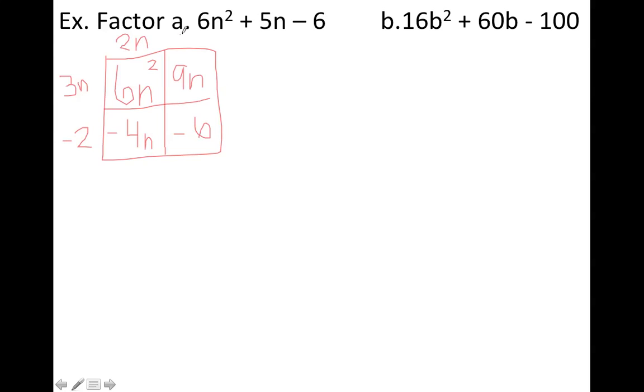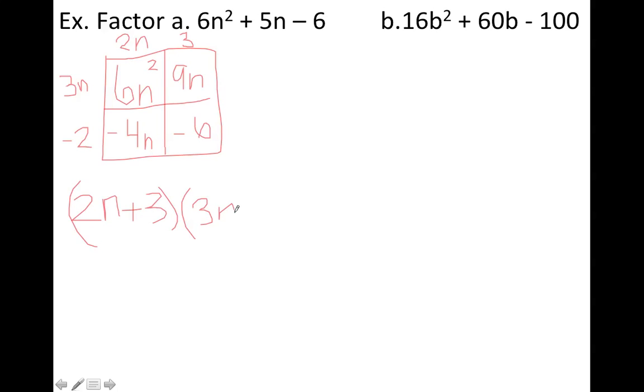And then this one will be 3. Now that we have done this, this forms our two parentheses. You just take your numbers on the outside, your greatest common factors, and make them into parentheses. So we have 2n plus 3 from the top, and 3n minus 2 along the side. And that is your factored form.